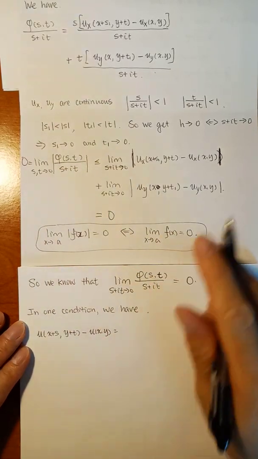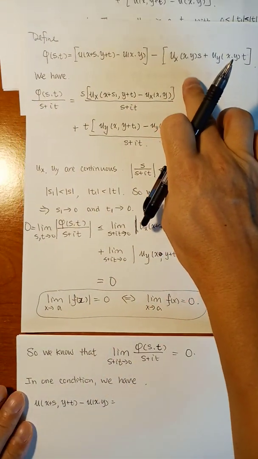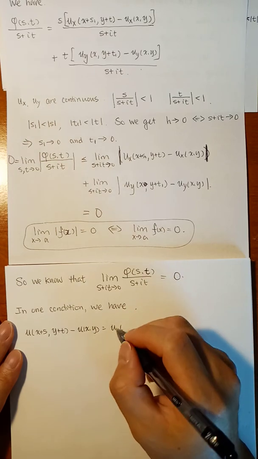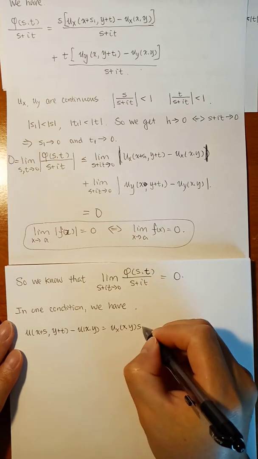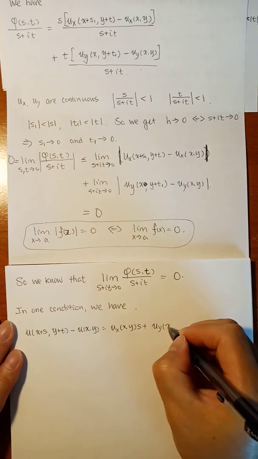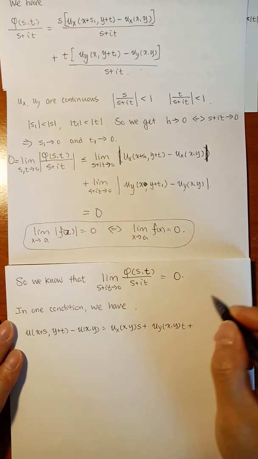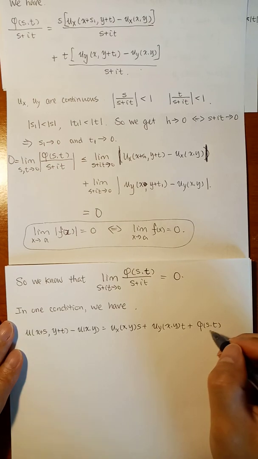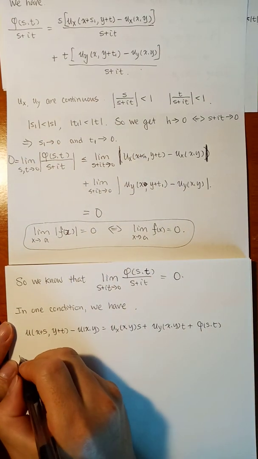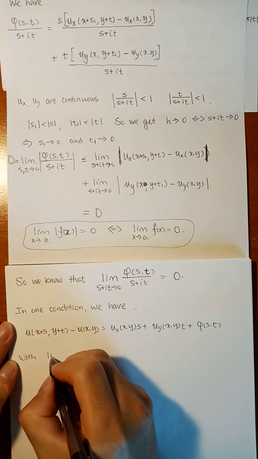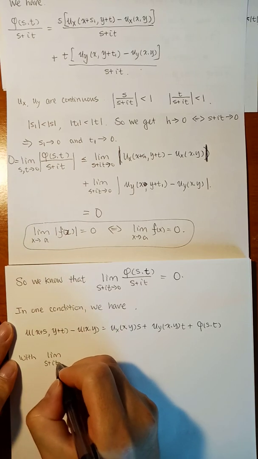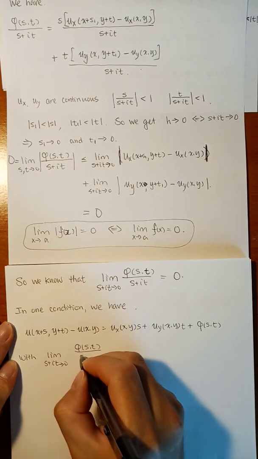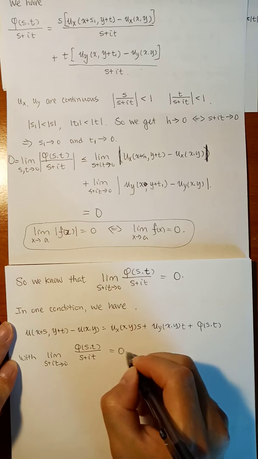It is equal to u sub x of x comma y times s plus u sub y of x comma y times t, plus phi of s, t. Phi of s, t is that 0 part, with the limit as s plus it approaching 0 of phi of s, t over s plus it equal to 0.